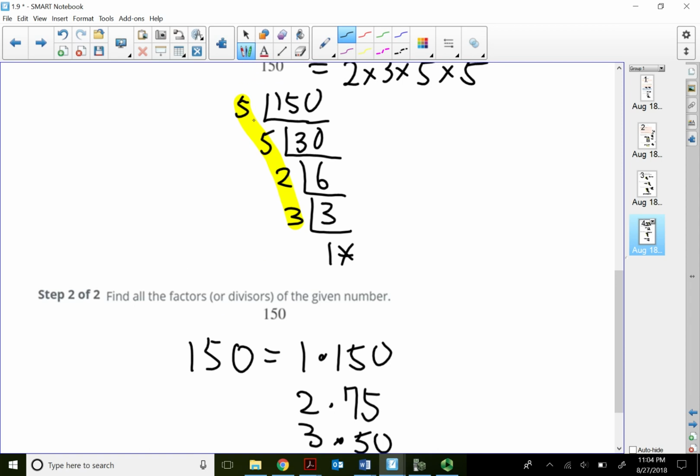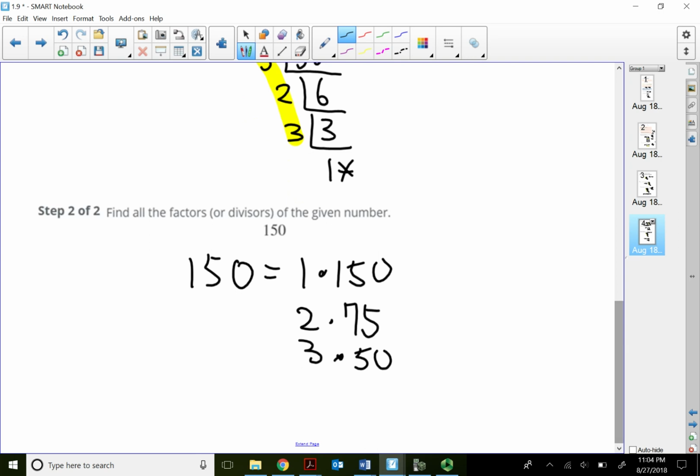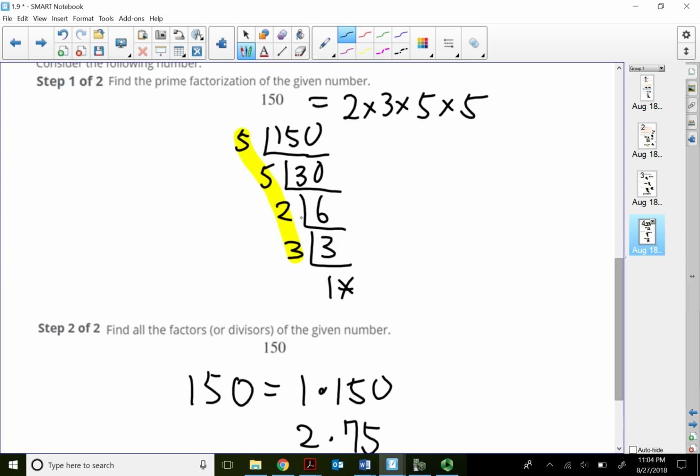All right, 5. I see a 5 right here. 5 will go into 150 how many times? 30 times. See the 30 right here? 5 times 2 times 3 is 30. All right, 6. Do I say 6? Sure, I do, because 2 times 3 is 6, right? 6 will go into 150 25 times.